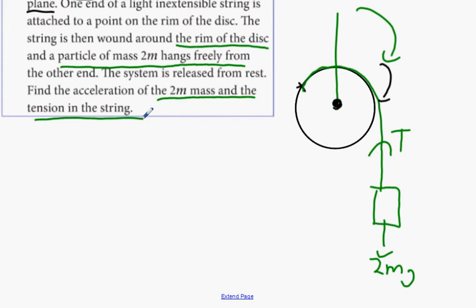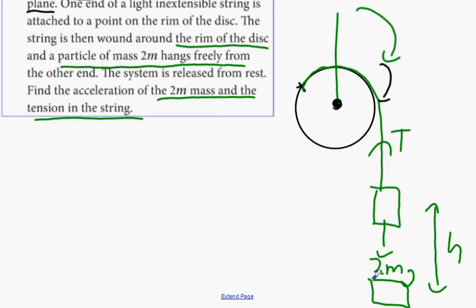Okay, so what we're going to do here: firstly, we have to find the speed of the 2m mass after it has fallen a distance h. Define h as the distance we're falling. At the start of the question we're there, by the end of the question we're there. We used h amount of string, causing rotations.